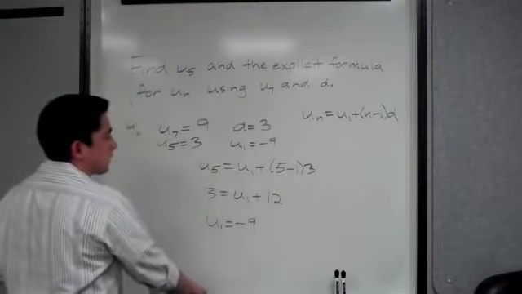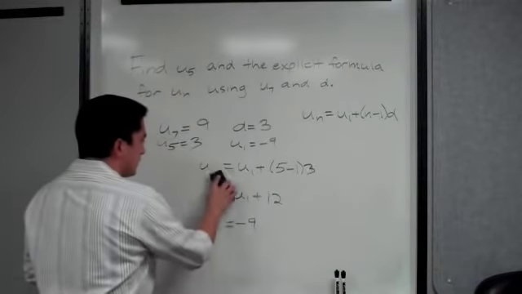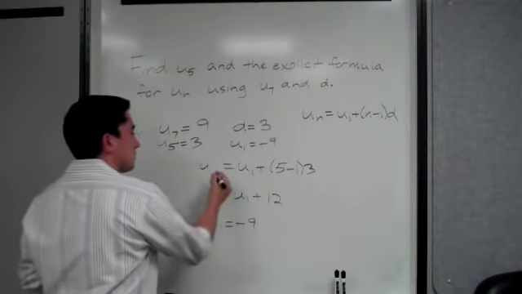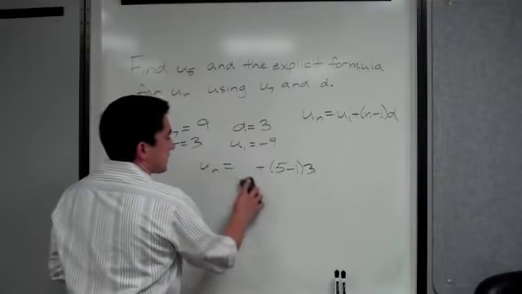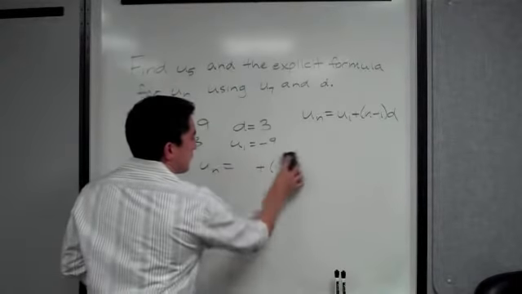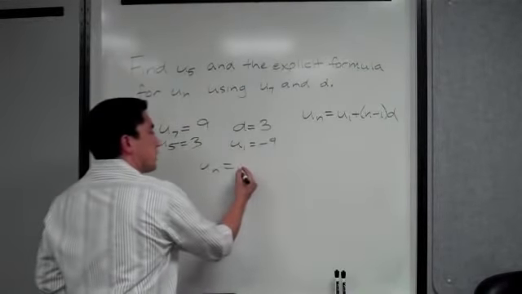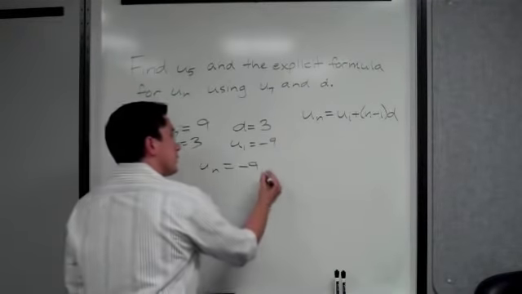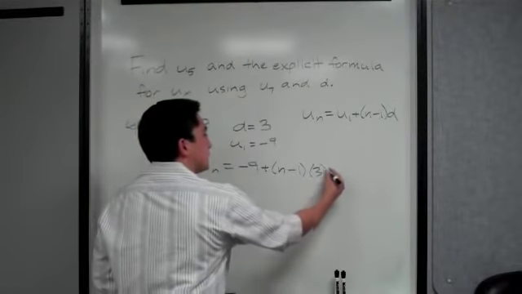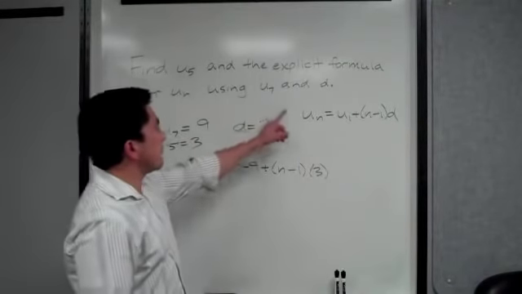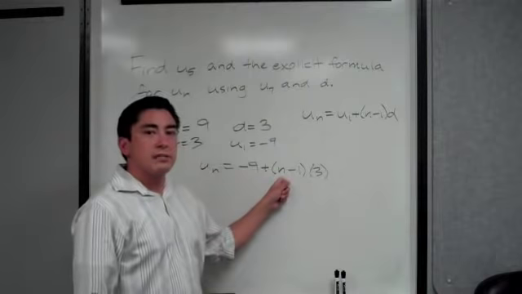So that's going to help us make our explicit formula. So our explicit formula says, leave this side alone, u sub n. Okay? Now we know what u sub 1 is. It's negative 9 plus n minus 1 d, which is 3. To find the explicit formula, do not plug in for n.